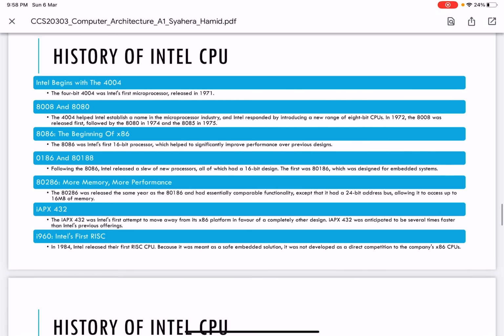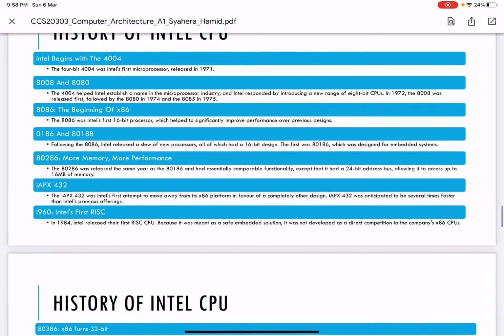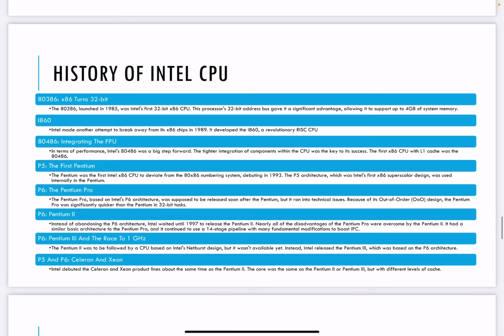And then the first RISC, i960, and then the x86 turned to 32-bit, 80386, and then it proceeded to i860, a revolutionary CPU, 80486 integrating the FPU.